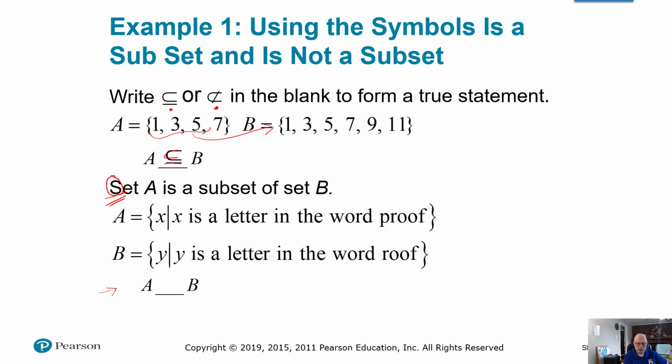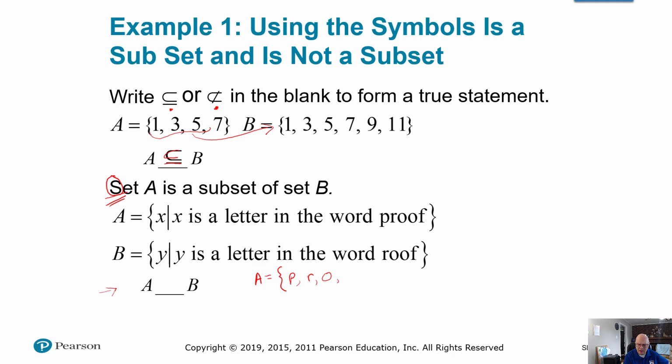Well, maybe you want to use the roster method to get a little bit clearer on this. What does A have? Well, A says the set of all x such that x is a letter in the word proof. So A contains P, contains R, contains O. We don't need to put O twice.